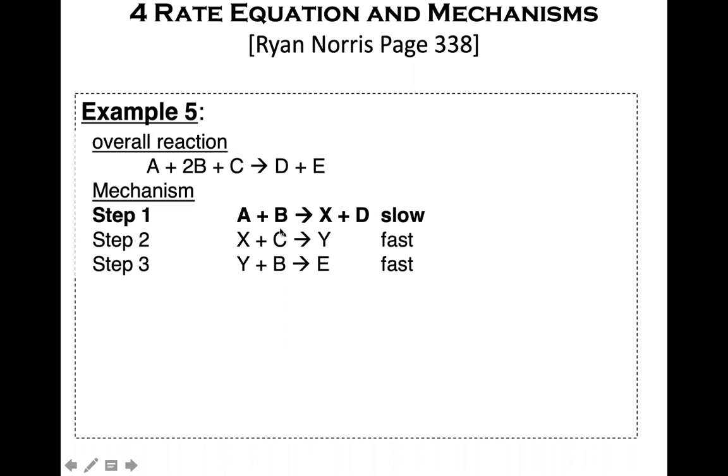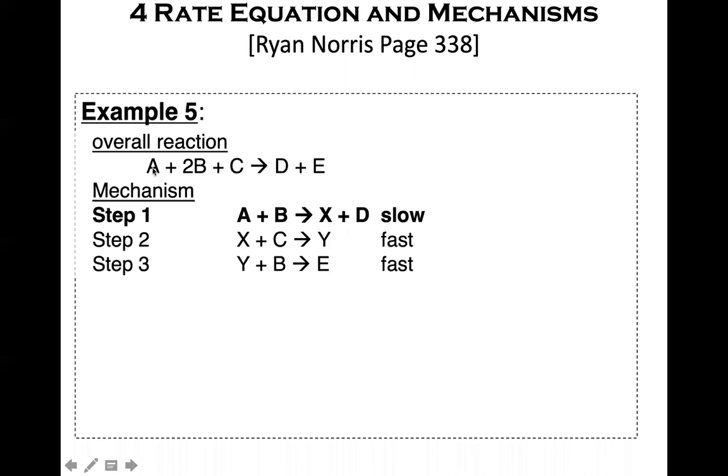Step 2, your intermediate X reacts with C to form Y. Now you see that Y is not in the overall equation again. Y is another intermediate, but it reacts further with B to form E. If you add this all up, A plus B plus X plus C plus Y plus B equals X plus D plus Y plus E. Your X's cancel out, your Y's cancel out, and B plus B becomes 2B.